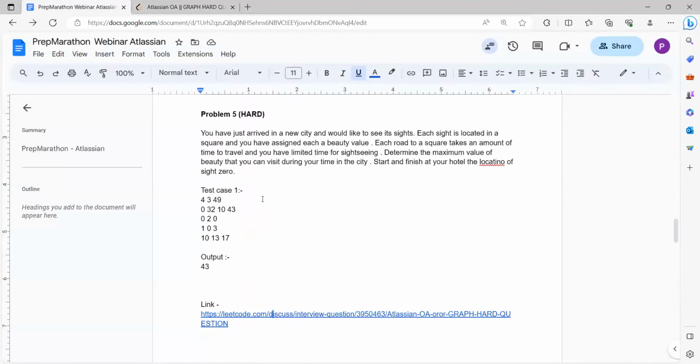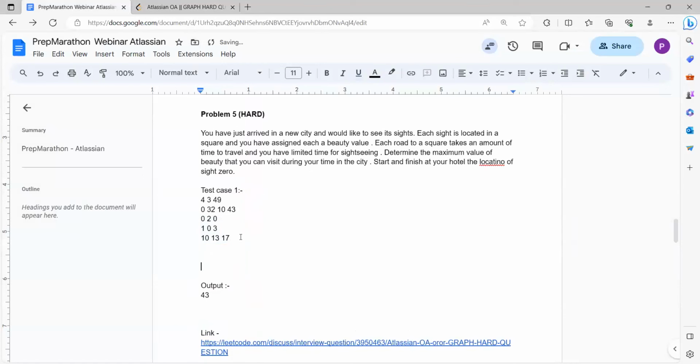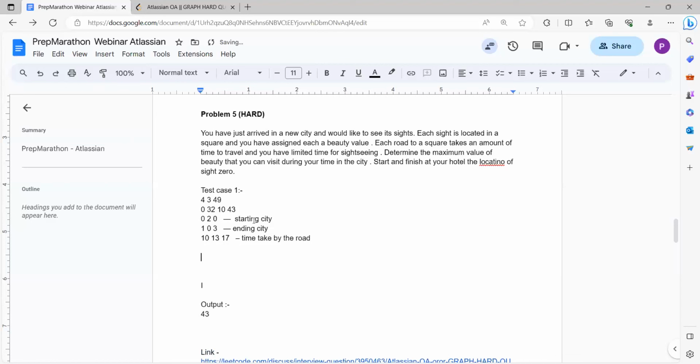Okay, I was checking through this and the input is not like that. So this line is the starting cities, this line is the ending cities, and this line is the time taken by the road between those cities. So what is the exact detail given? It is given that from city 0 to city 1, there is a road which takes time 10.